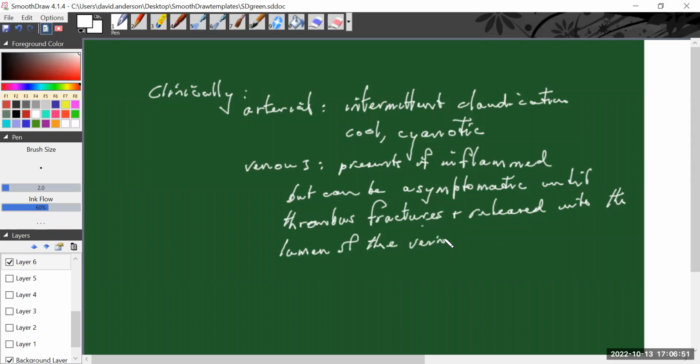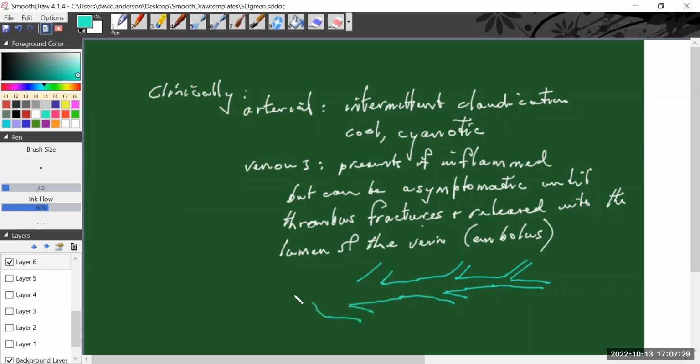So it's released and allowed to float along in the lumen, the opening of the vein, and it's now known as an embolus. A thrombus that breaks and is free floating is called an embolism or an embolus. In a vein, here's a little vein and another little vein that join into a bigger vein that joins with other big veins and gets progressively bigger as it goes back to the heart.